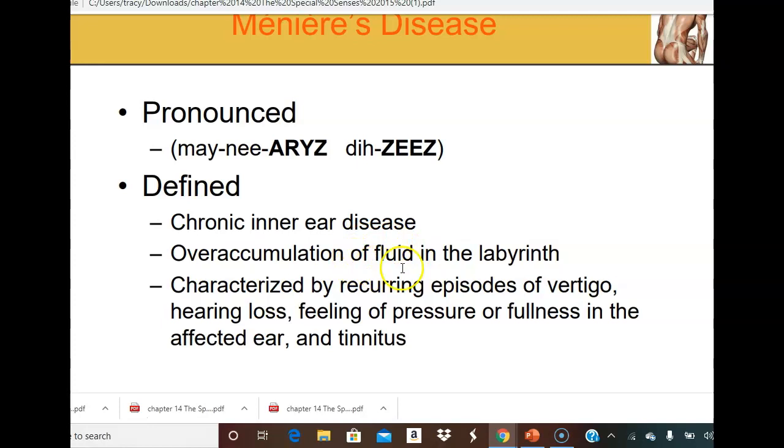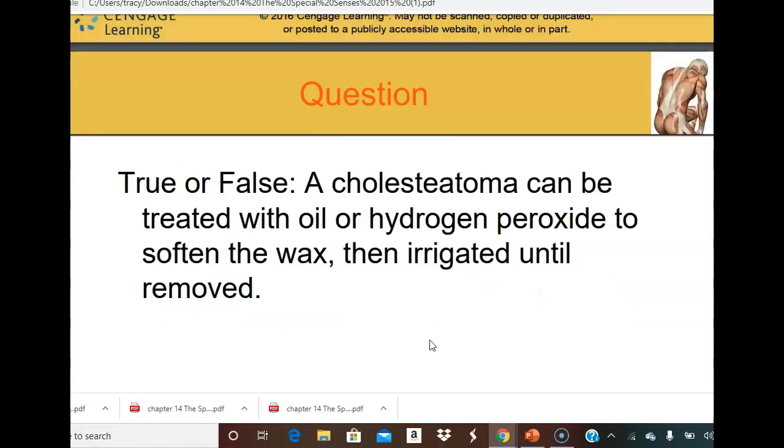Because we're dealing with an overproduction of fluid in the labyrinth and/or the cochlea, we will get episodes of vertigo, which is intense spinning, hearing loss, where they can't hear, a feeling of pressure or fullness, and then they can also have tinnitus, which is ear ringing. So it's a combination of spinning, ringing, I can't hear, and it feels full. Once again, not everybody is going to have all of those. They'll be in different degrees, and sometimes the ear ringing will come and go, but it can be a very significant issue to deal with.